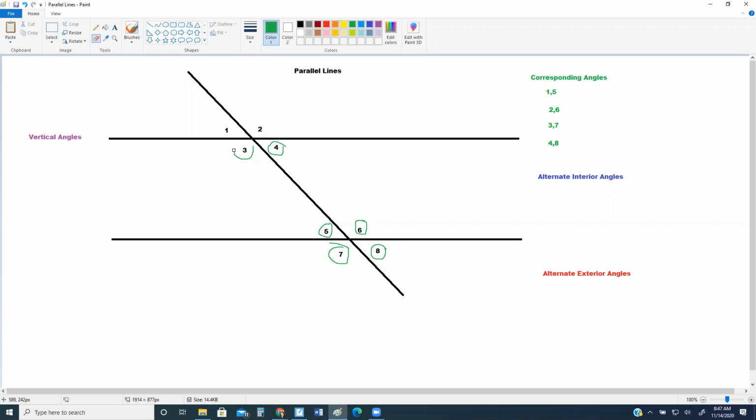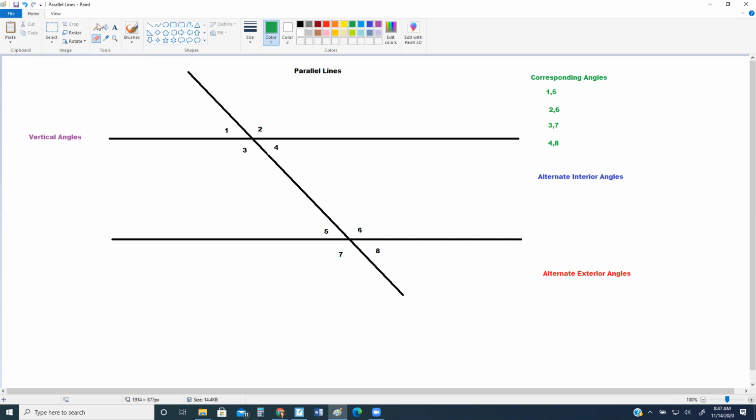We're going to look at the alternate interior angles. So we have this diagonal line going down. It's the transversal. So the transversal cuts through the 2 parallel lines. And if you have angles that are on opposite sides of that transversal, they're considered alternate angles.